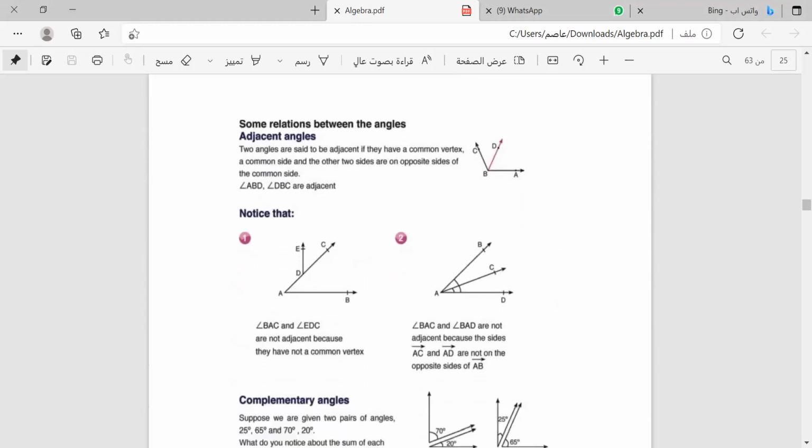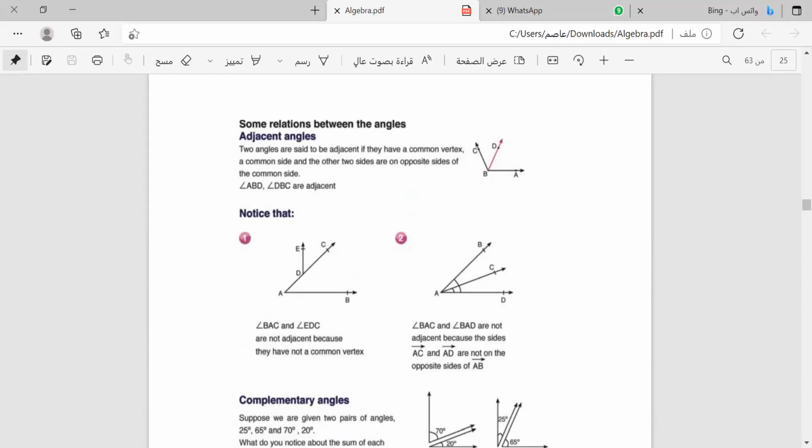We have a new definition. Adjacent angles. Two angles are said to be adjacent if they have common vertex, common side, and the other two sides are on opposite sides of the common side.